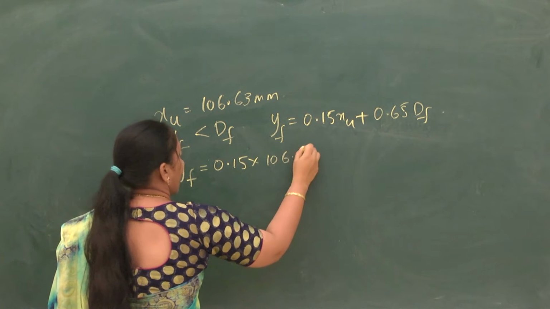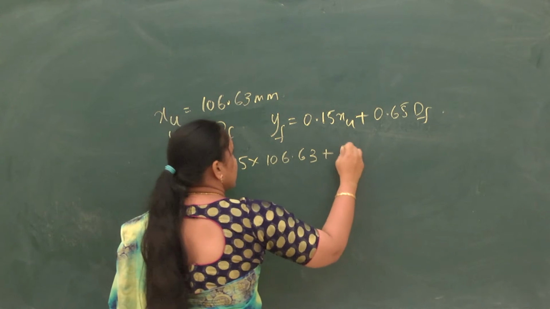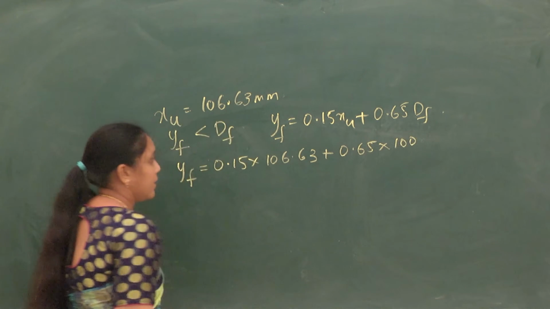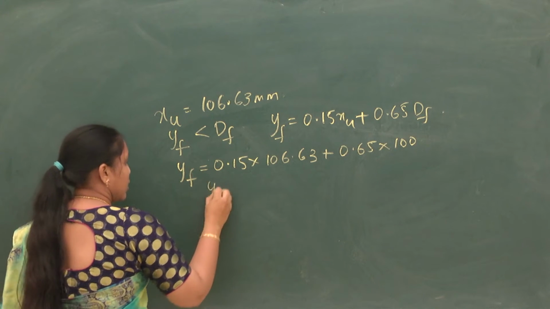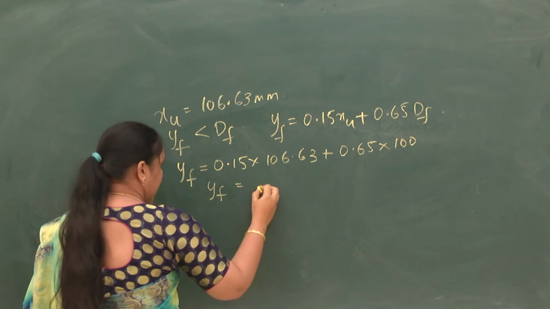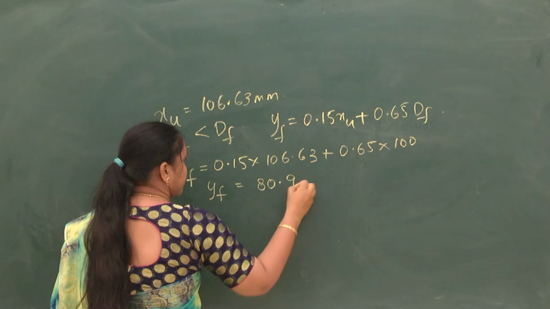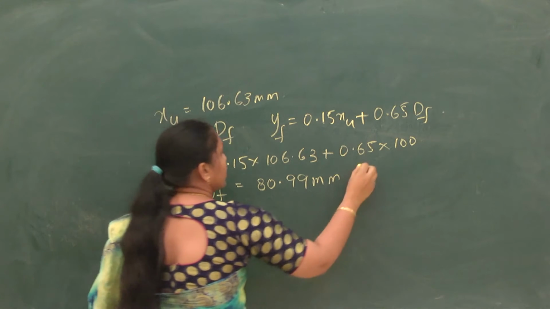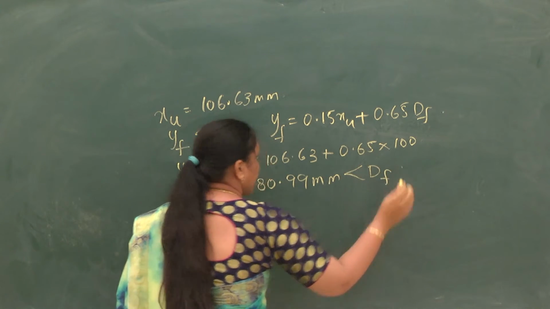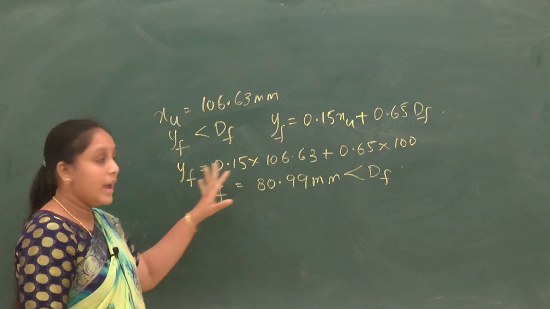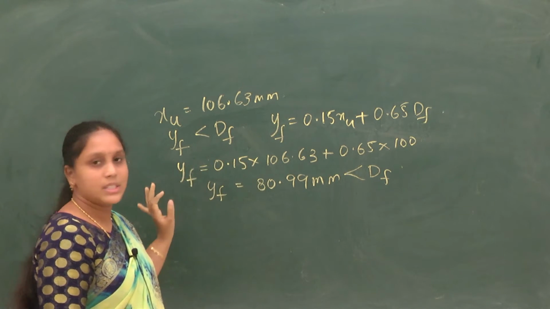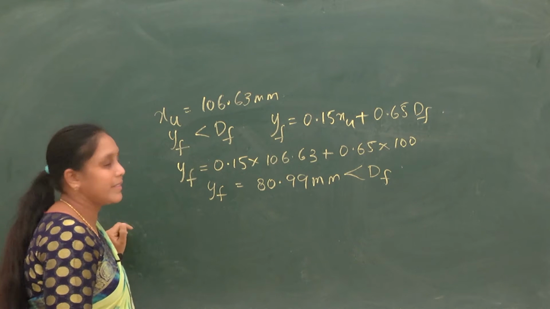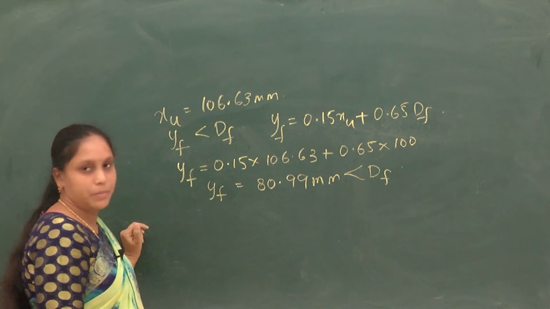It is 106.63, plus 0.65 into DF, which here is 100. So from this you will get a value of YF equal to 80.99 mm, which is less than the DF. So hence it is satisfied, that is, the XU value of 106.63 mm is acceptable.